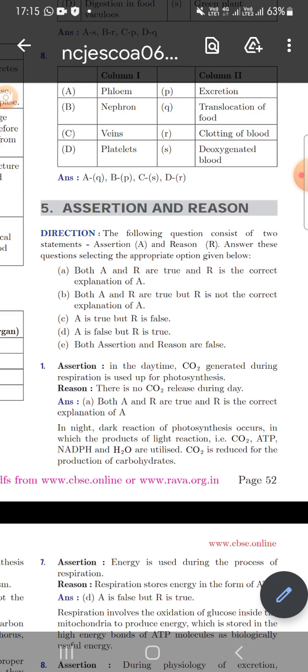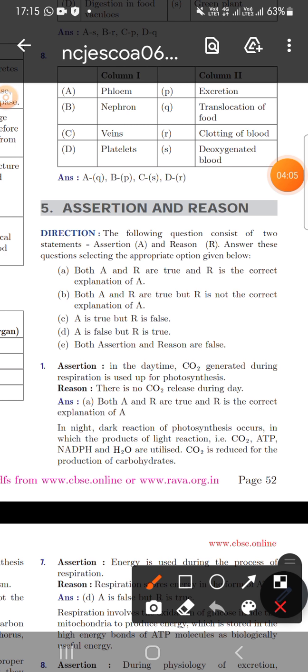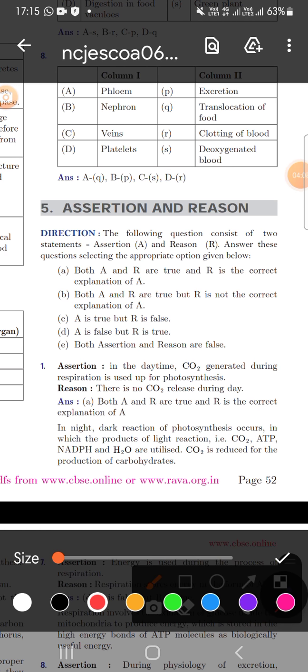It's a very simple trick, children. Concentrate. Step 1. Check whether the assertion is true or false. Step 2. Reason. Is it true or false? Once you finish this process, take your pencil in your hands and write down: is it true? True. Is it true? True. Now both the statements are true.